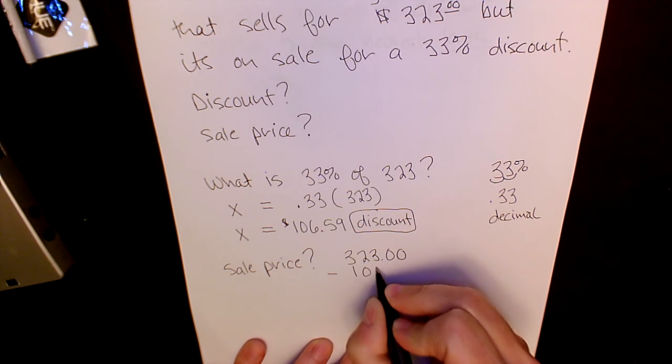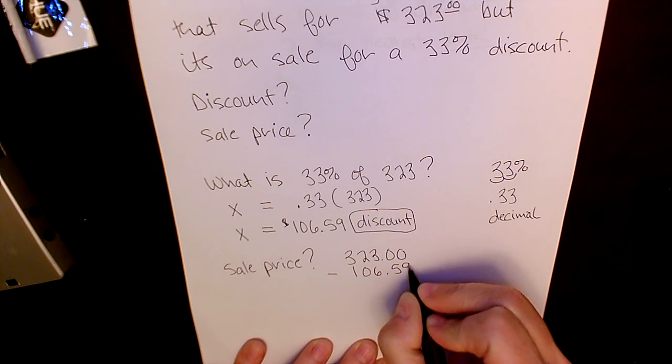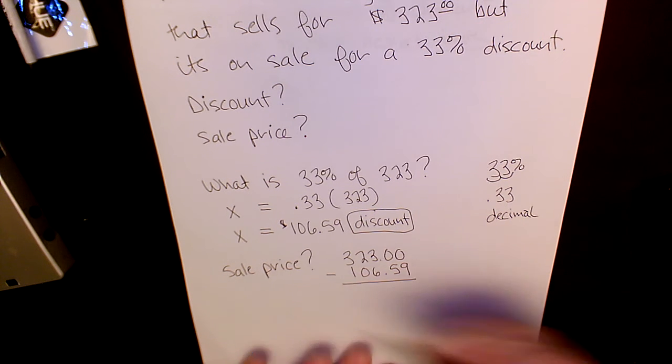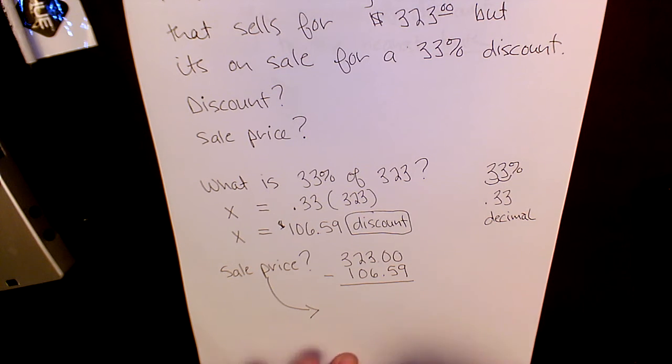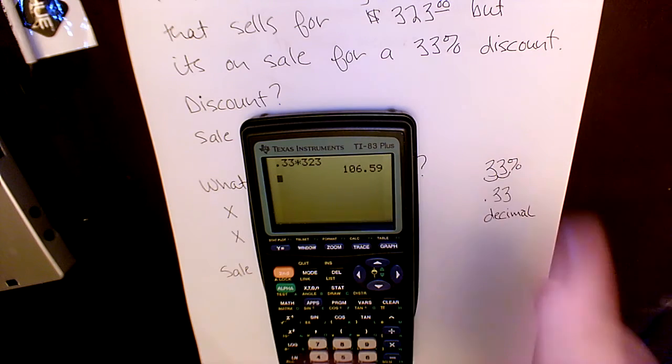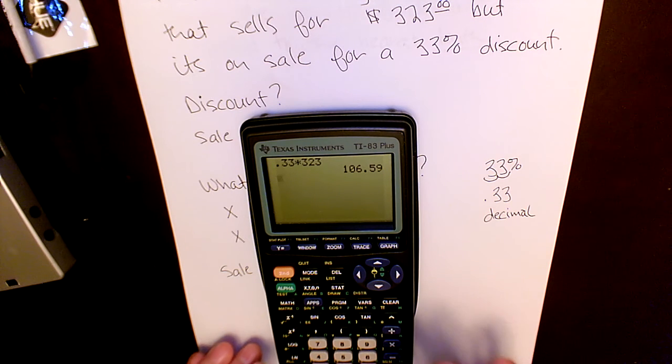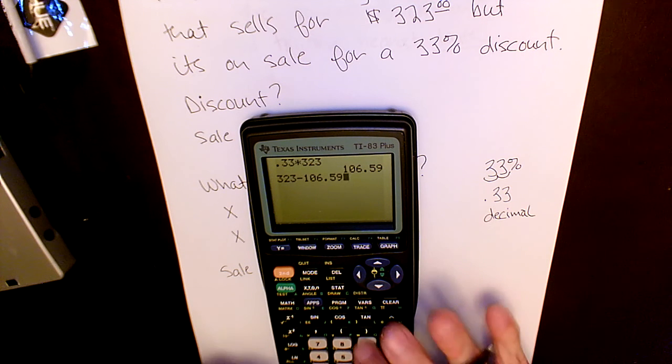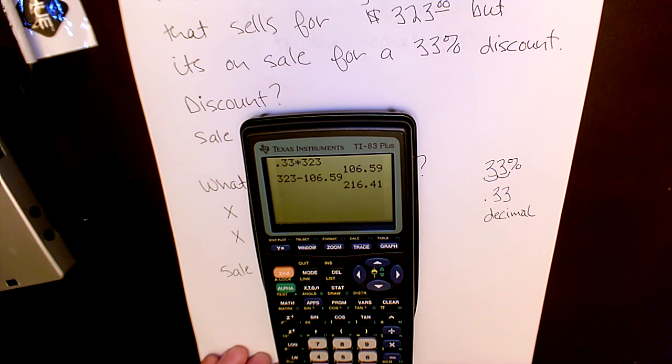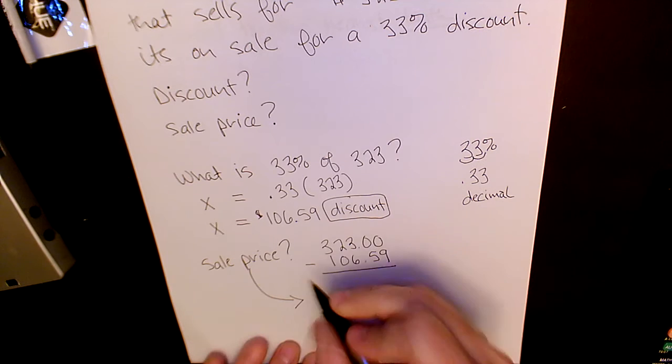Well, I'm going to take it off, I'm going to subtract it, and that'll give me the sale price. So if you want to punch that in, 323 minus 106.59, and I get 216.41.